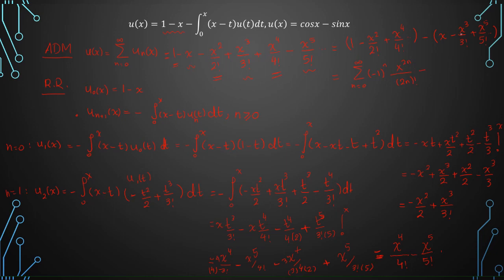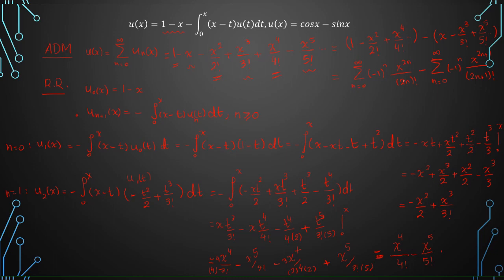And this too can be a summation in a closed form, which is n from 0 to infinity minus 1 raised to n, and the powers are odd, so 2n plus 1, and factorials are the same, so 2n plus 1 factorial.